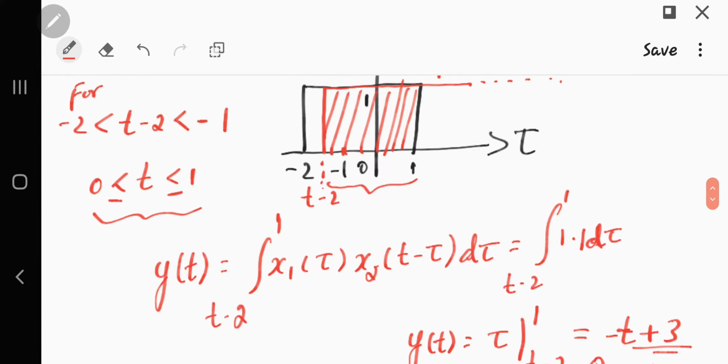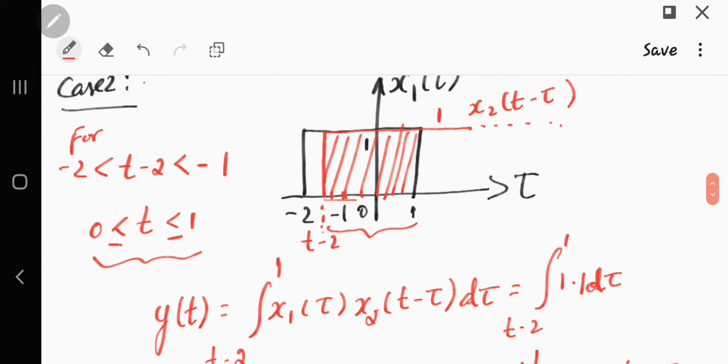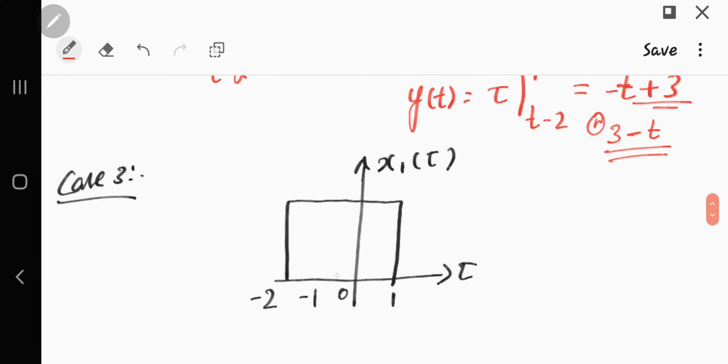Before plotting that, I will show you. Now in this one I have kept it between minus 2 and minus 1. In the next case I will place it here, that is between minus 1 and 0. So this one is also having amplitude 1, and x1 of tau is also having amplitude 1.